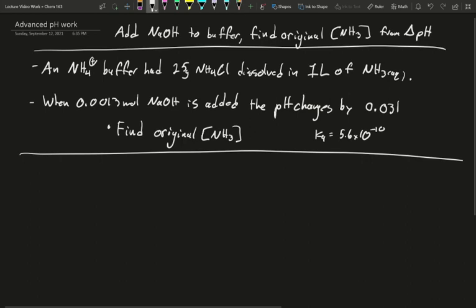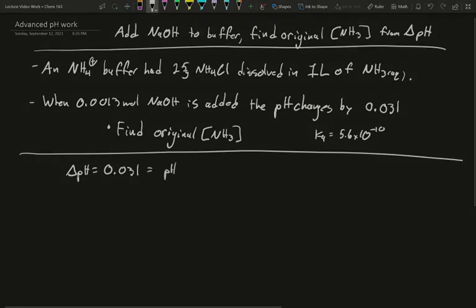Let's think about how we do that for a minute. What does the delta pH mean? The change in pH? Well, that's just the difference between the original pH and the final pH. So that's got to equal the pH final minus the pH initial. Well, there's a couple ways we can solve pH.